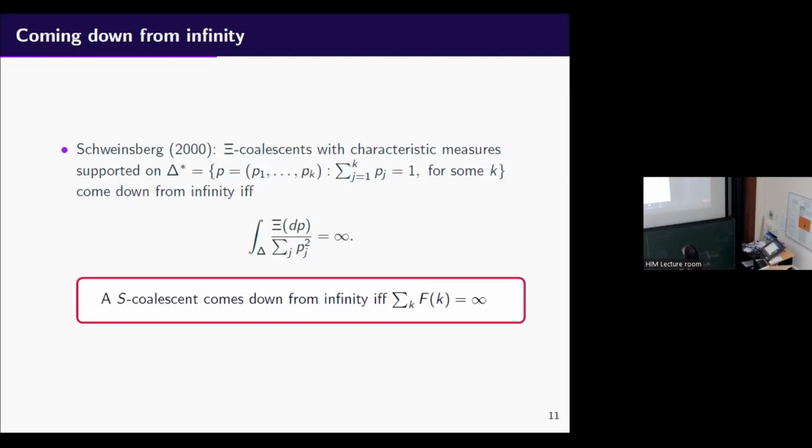And we are interested in whether this symmetric coalescent comes down from infinity.